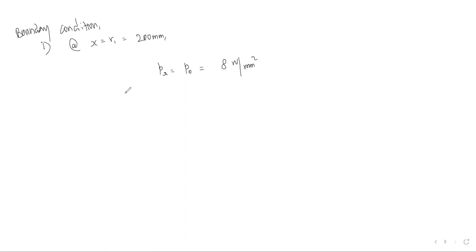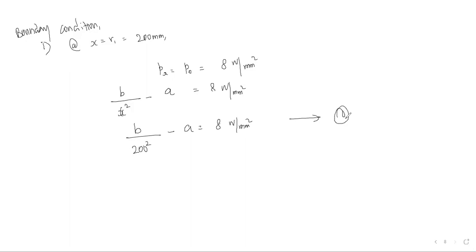So we write the equation Px = B by x squared minus A is equal to 8 Newton per mm square. Substituting x equal to R1, B by R1, 200 squared, minus A is equal to 8 Newton per mm square. So this is equation number 1.